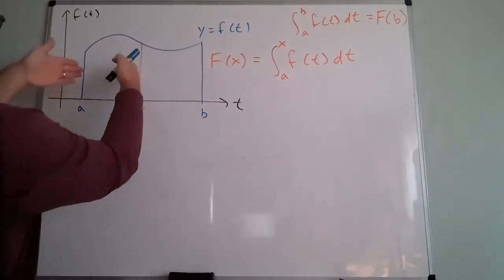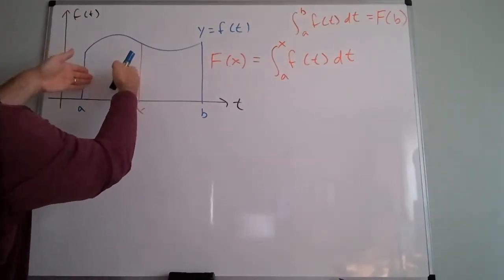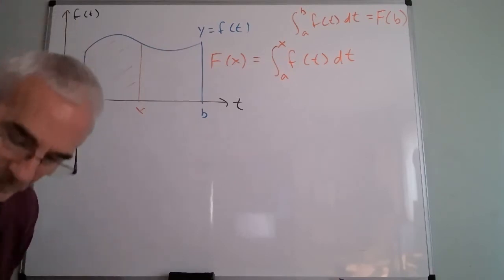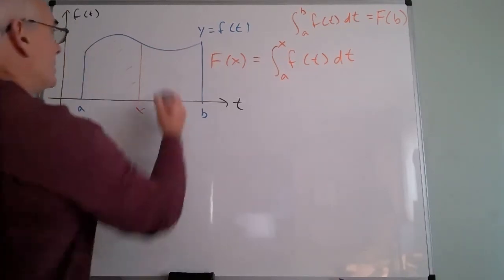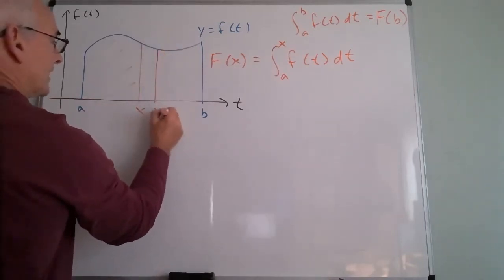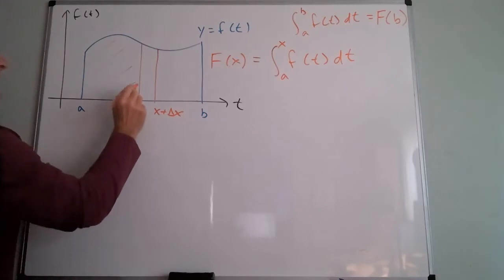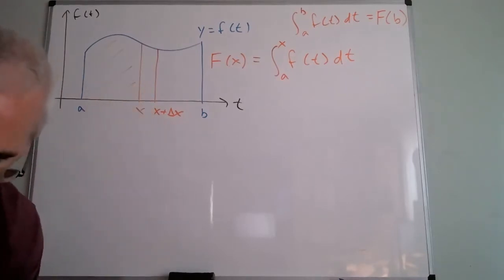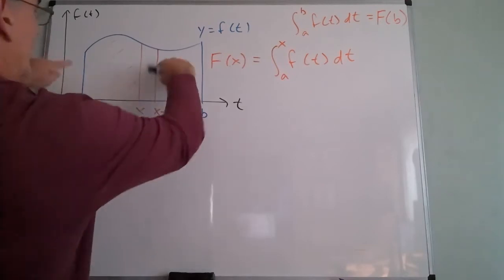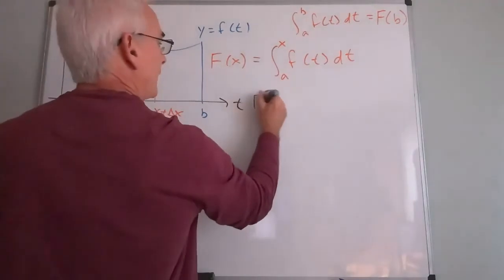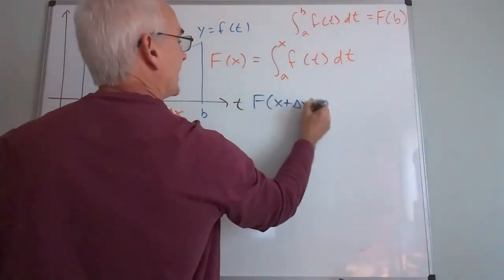So again, this area right here, we're going to call capital F of x. Okay, that's it. So now, with that statement right there, I want to move down the road just a little bit. Let's call this x plus delta x, meaning this width right here is delta x. So if I want the area from here to here, that would be capital F of x plus delta x.